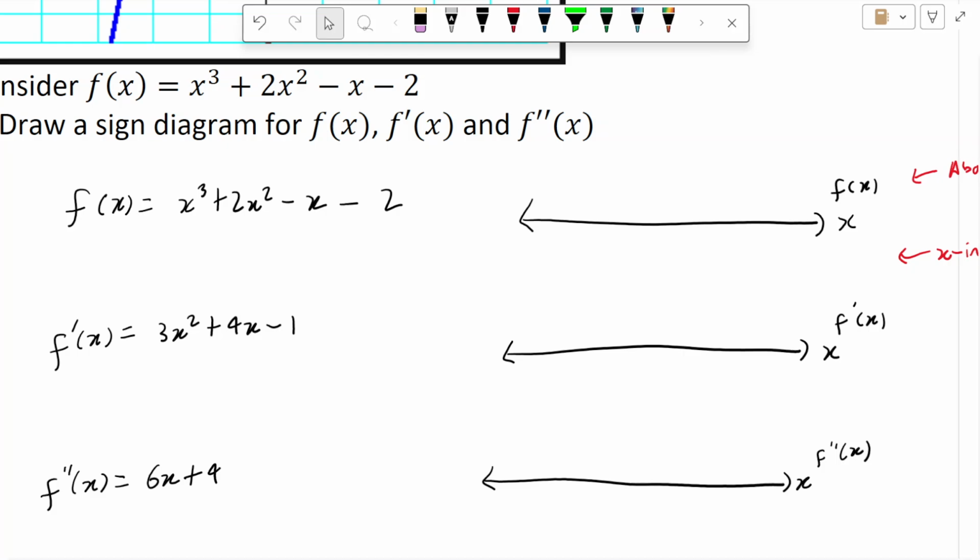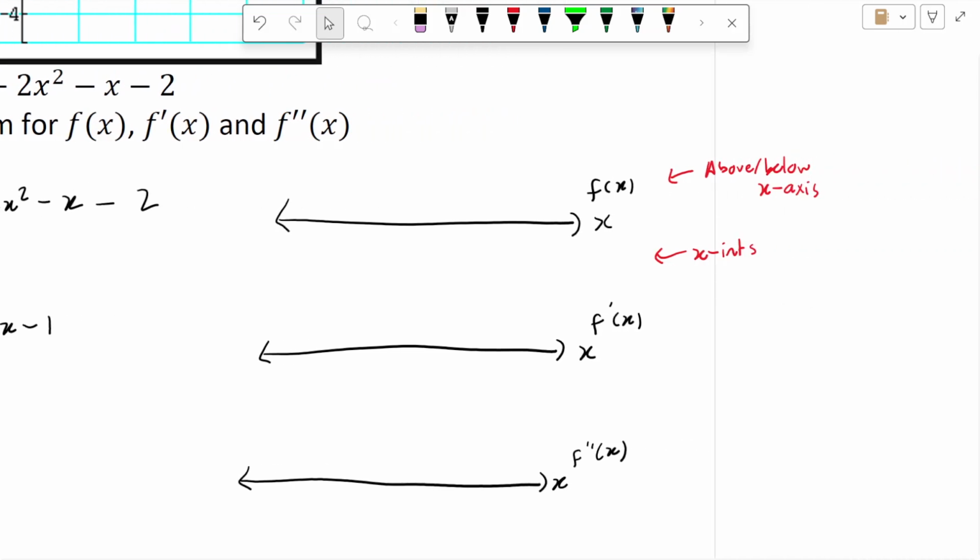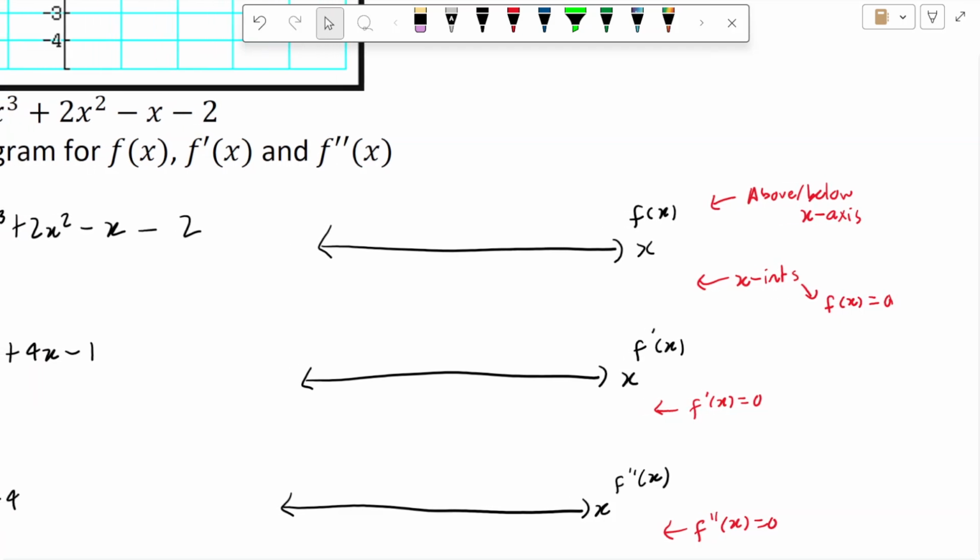I'm going to show you a cheeky trick to cheese all the sign diagrams. Essentially, x-intercepts is another way of writing f of x equals 0. No matter what sign diagram we do, we're going to be looking at f dash of x equals 0 to get those numbers, or f double dash of x equals 0 to get the numbers on this one. So let's do that.